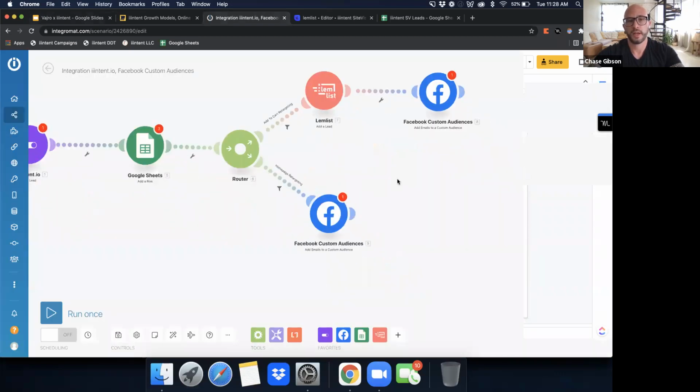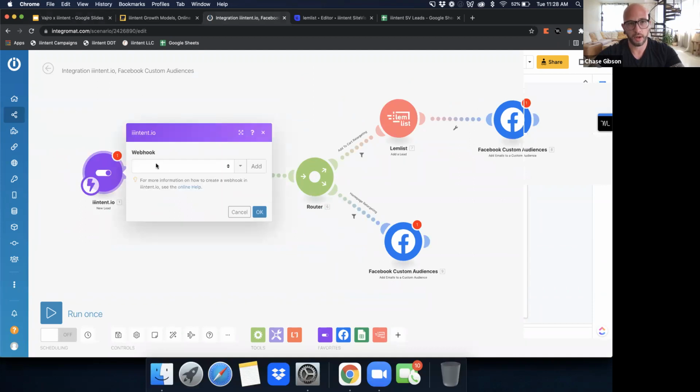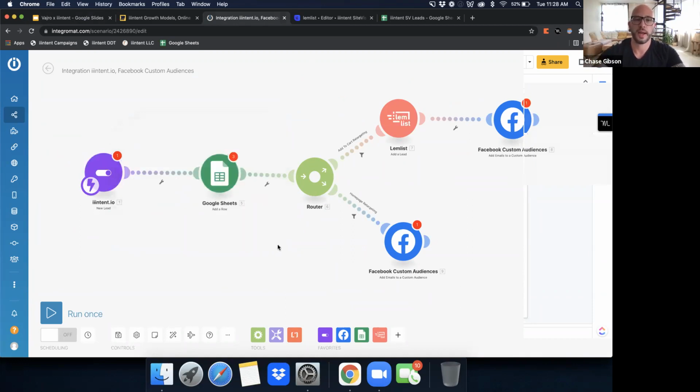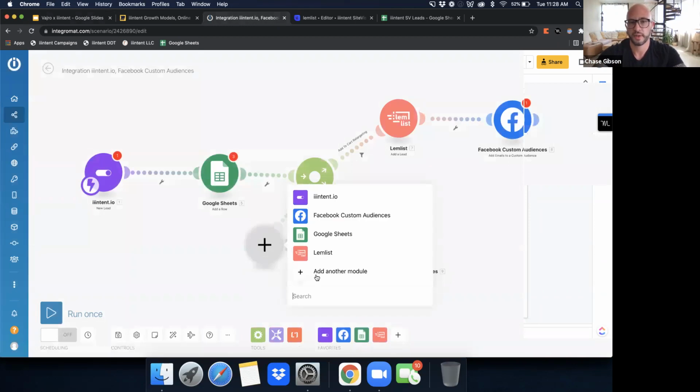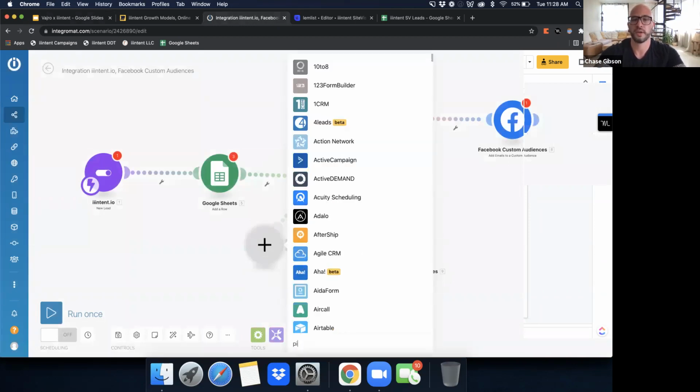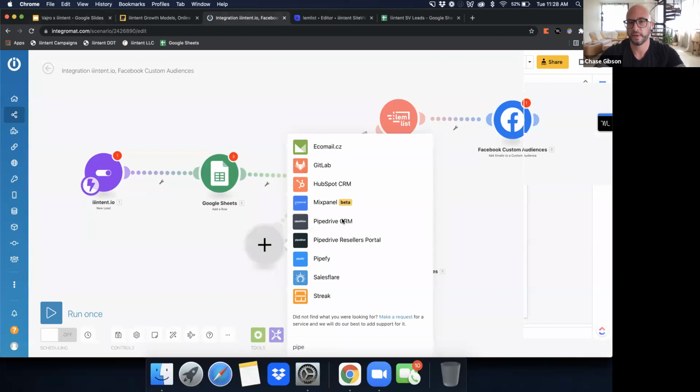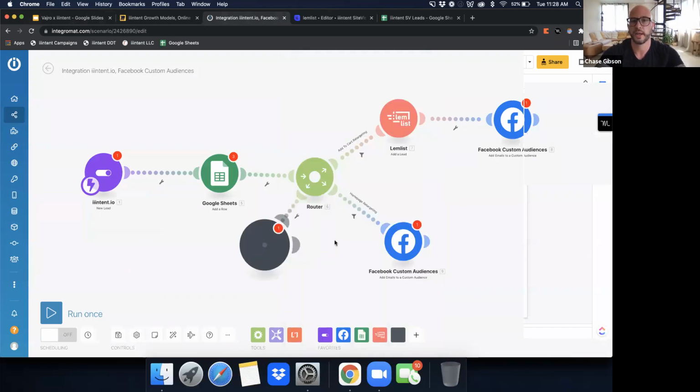With Integromat, my platform, all it does is serve as basically the trigger. Every time there's a new lead, we push it through to you, and you can route that wherever you want. So I can add on any platform you want. If you want to go to Pipedrive, or I'm not sure what you're selling or how you're tracking it, you would just keep extending these out.